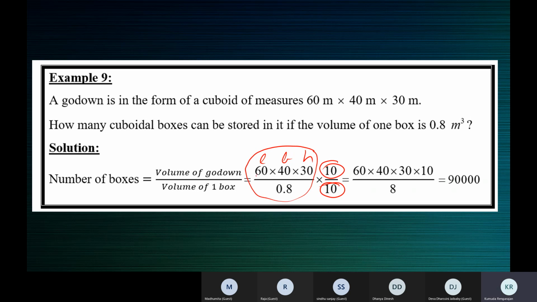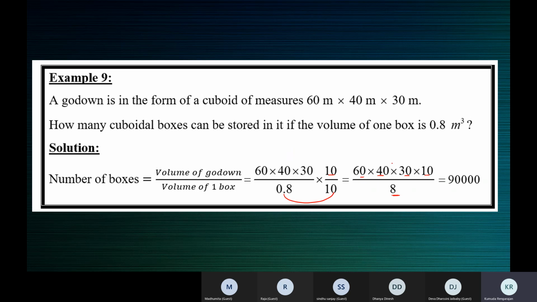This is the volume of the godown, L into B into H, and this is the volume of one box. We have substituted. Now what is this into 10 divided by 10? We do this to get rid of the decimal point, so we multiply the numerator and denominator by 10. That gives us 60 into 40 into 30, into 10, divided by 0.8 into 10, which is 8.